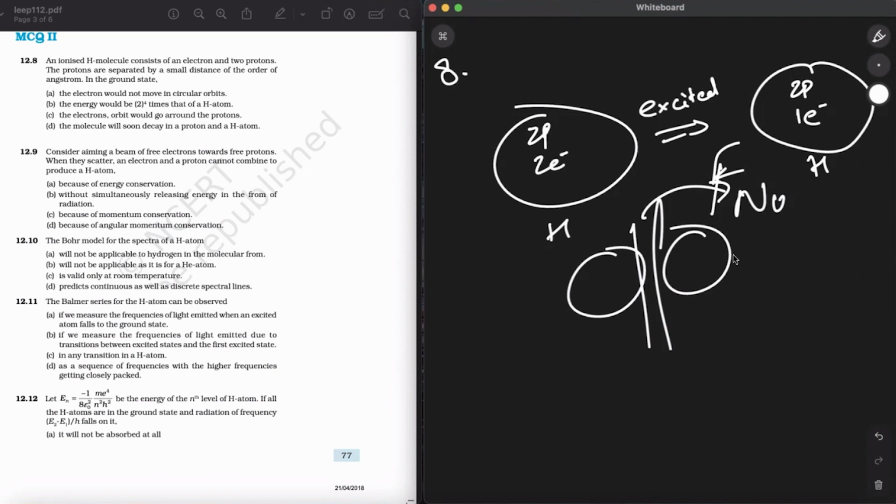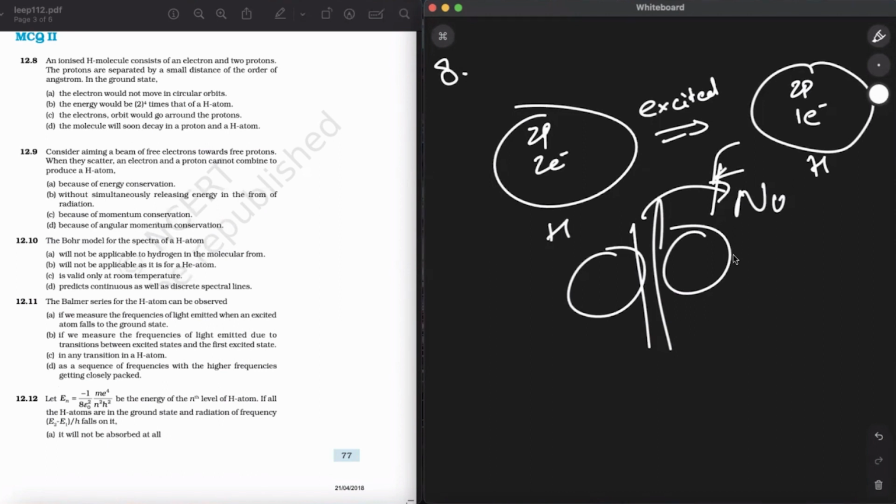So the electron's orbit would go around the protons. This statement is also correct. Why? Because the hydrogen molecule contains two electrons and two protons in the initial state, as already discussed. In the excited state, it will have only one electron. So in the H molecule, the two nuclei of the two H atoms will have that nuclear force between them.